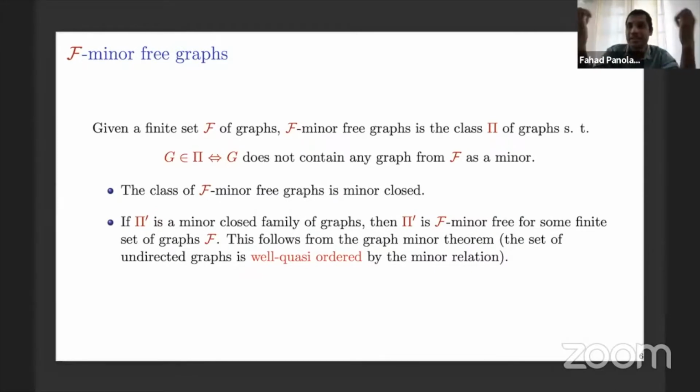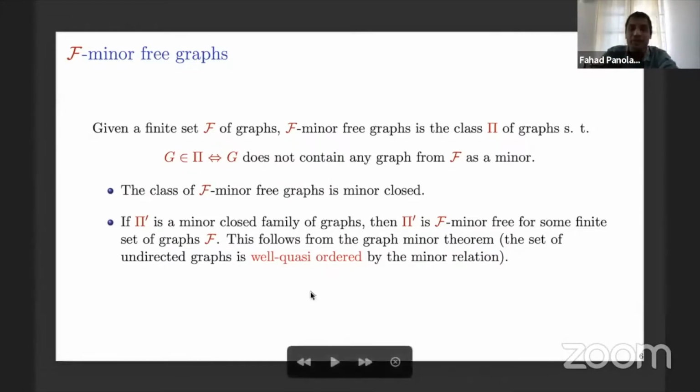That is the one-line definition. For these two talks, we don't need to know much about well quasi-ordering, but you need to know that the converse of what I said before is also true: any minor closed family is also F minor free for a finite set, and that comes from this result.